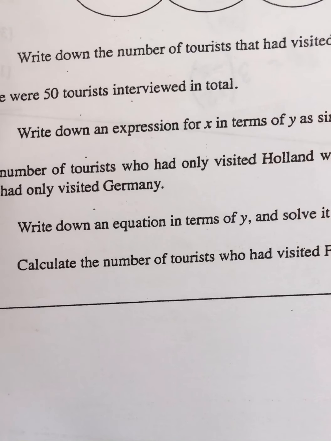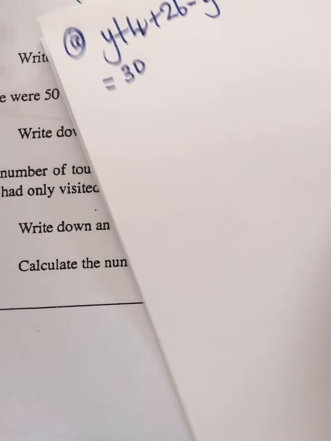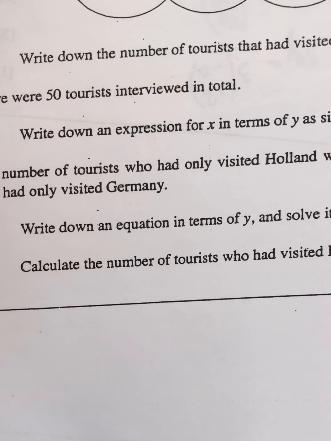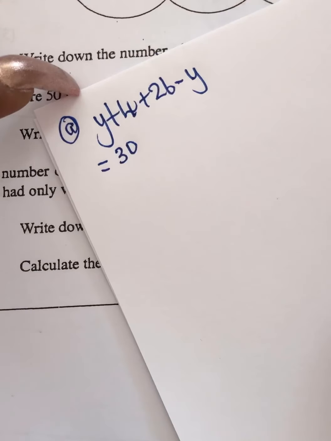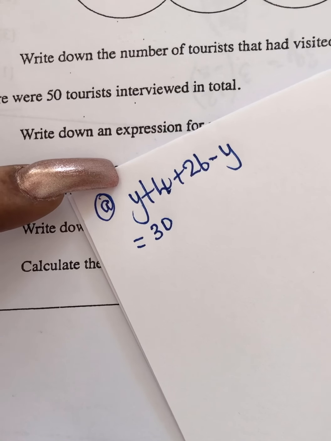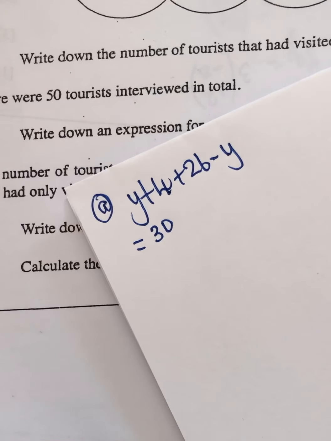Now B is asking me to write down an expression in terms of x and y, and then I have to simplify same. Good? So let's go. So now we have to consider all three countries, okay?